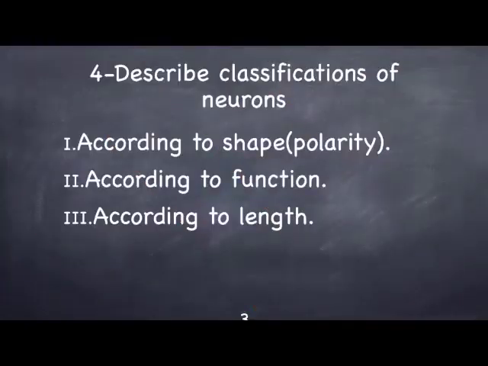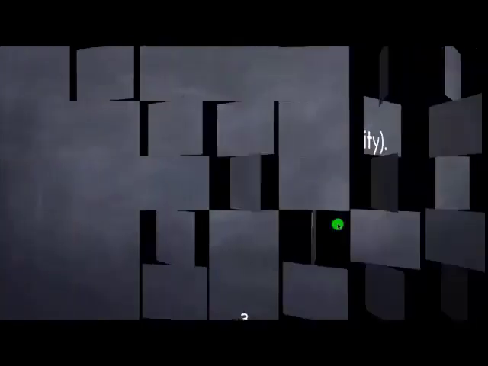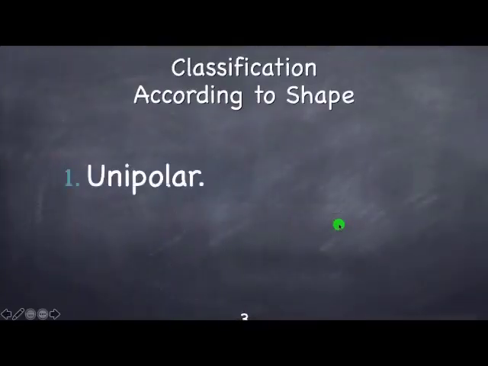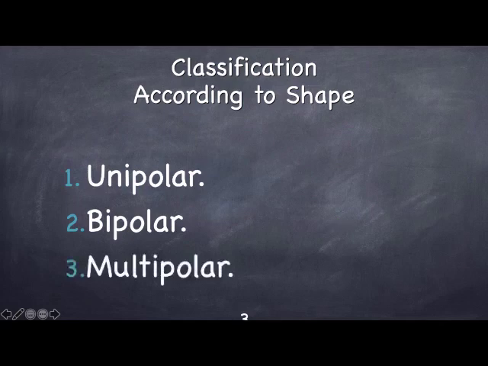Describe the classification of neurons according to three ways: according to the shape, which is the polarity, according to the function, and according to the length. As regards the shape, we have mentioned before that we have three types: the unipolar, the bipolar, and multipolar. Where can we find the unipolar?